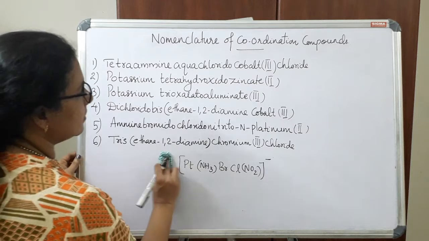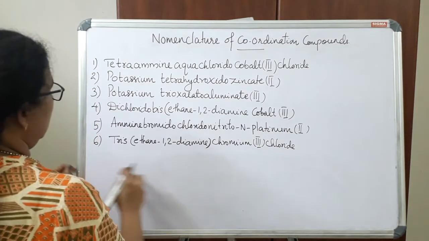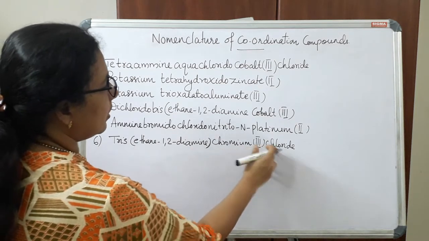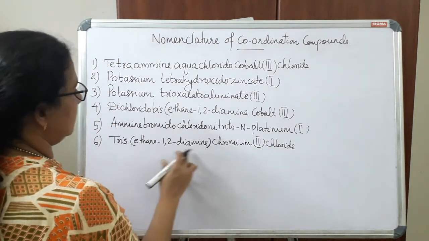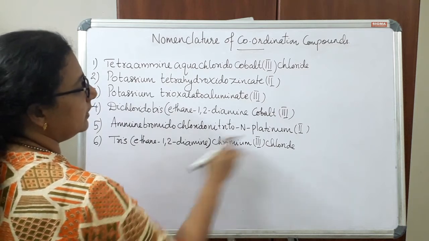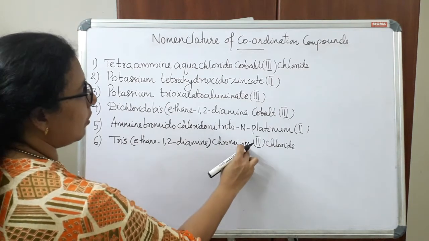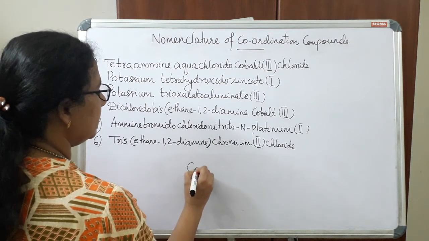Then comes the sixth compound, tris-ethane 1,2-diamine chromium 3 chloride. So this compound is having both the parts, cationic part and anionic part. In this case the cationic part is the complex part, so we can write that part first. So chromium, it is Cr.